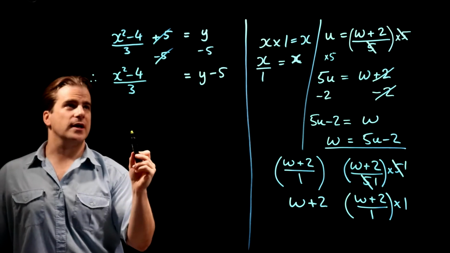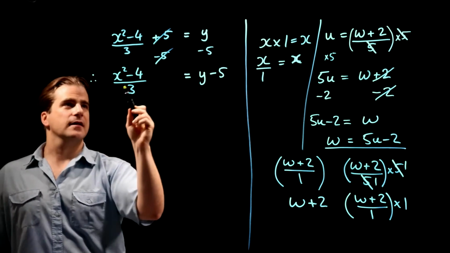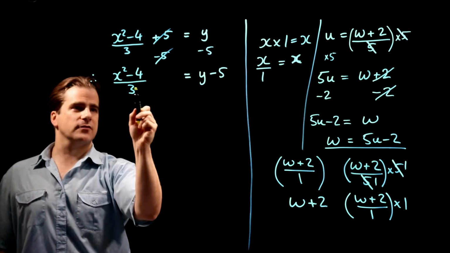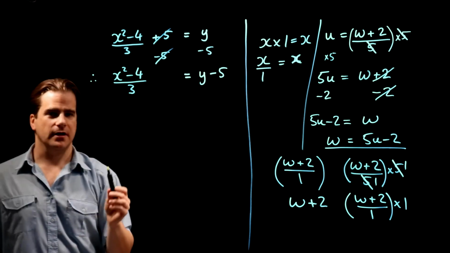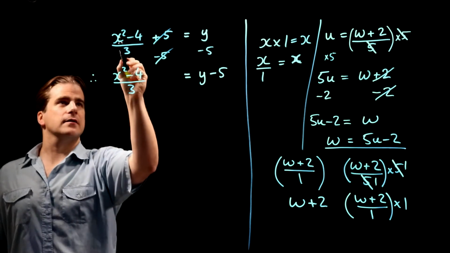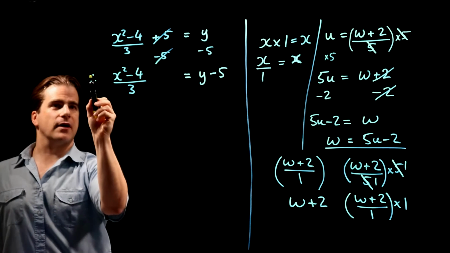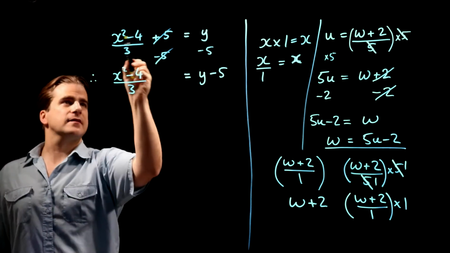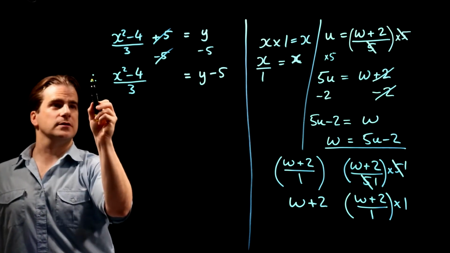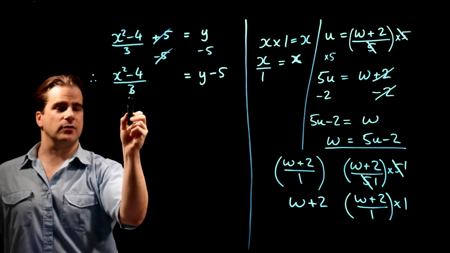What a lot of people do is that they write an equals there. You've got x squared minus 4 over 3 plus 5 equals y equals x squared minus 4 over 3 equals y minus 5. Don't do that. It's not technically correct, because what you're claiming, if you write that as an equals, is that x squared minus 4 over 3 plus 5 equals that, which is also equal, if that were an equals, to x squared minus 4 over 3.